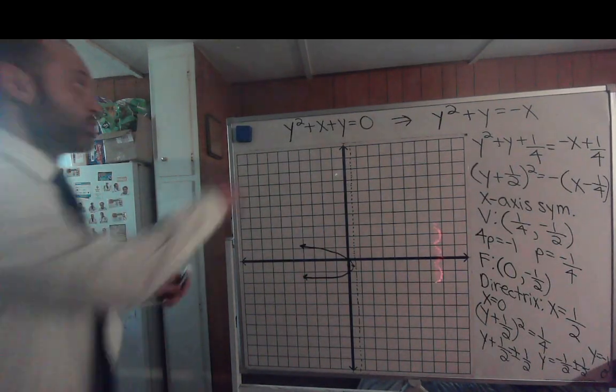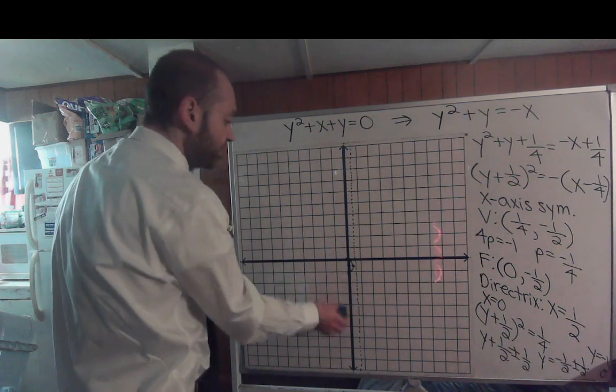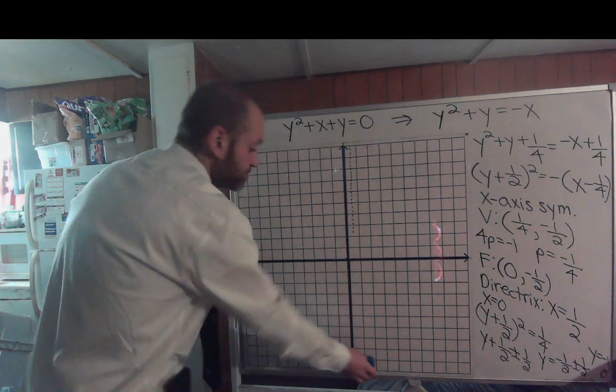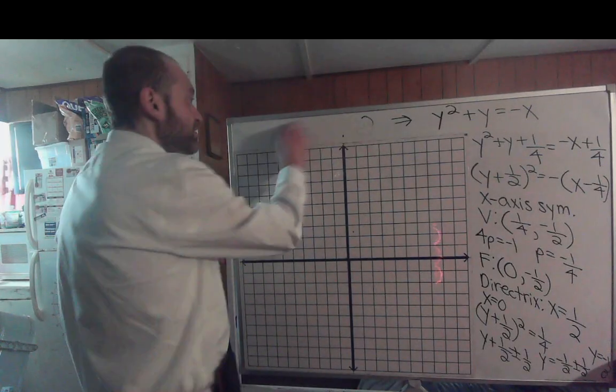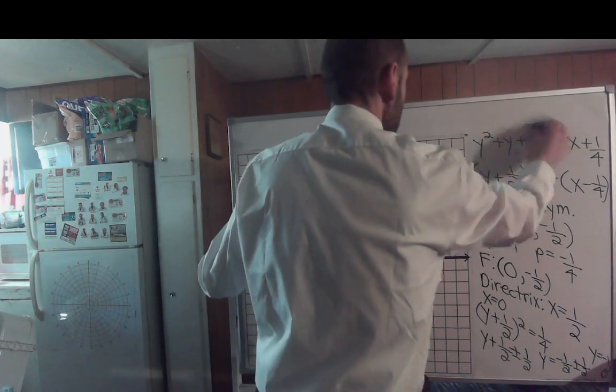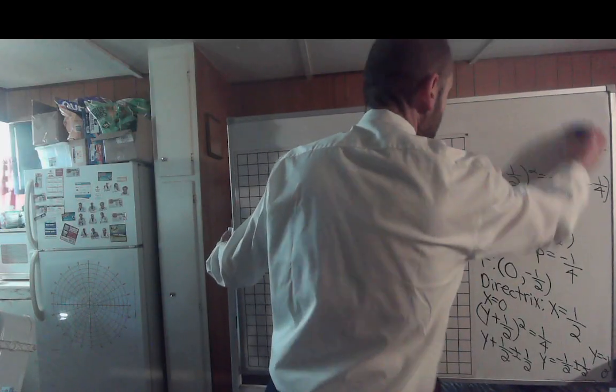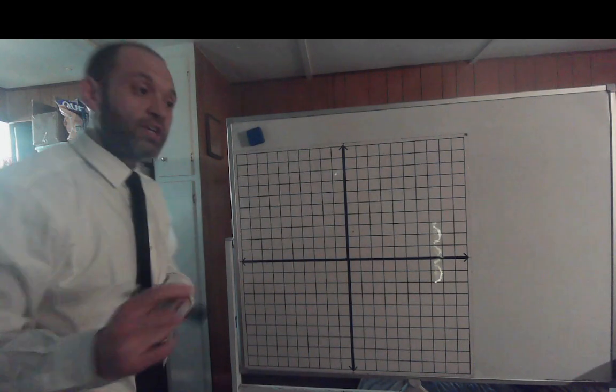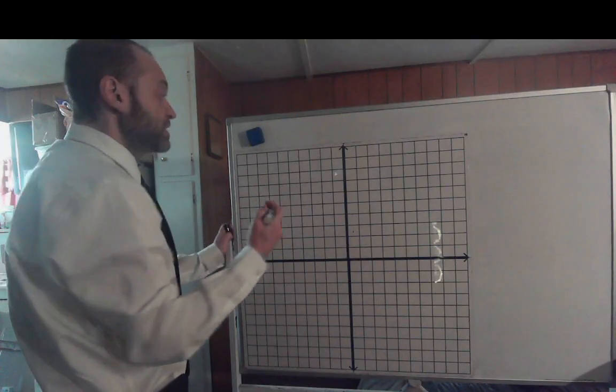Let's work backwards now. We're not going to do any graphing through these next exercises, but you're going to be given a couple pieces of information about said parabola, and you're going to have to come up with the equation. So let's start here, when initially you're given the vertex and the focus.